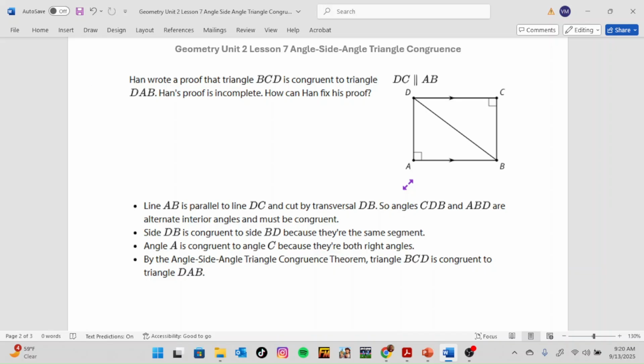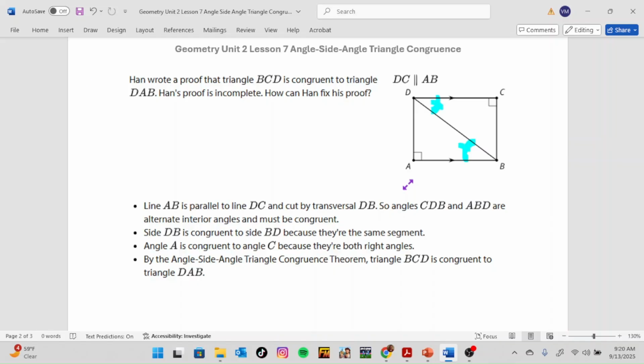Therefore, angles CDB, so CDB is this angle right here, and ABD, this angle right here, are alternate interior angles and must be congruent.